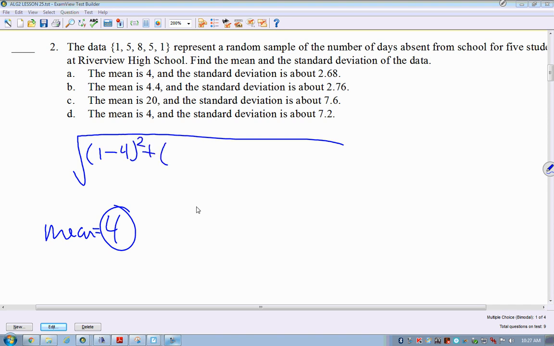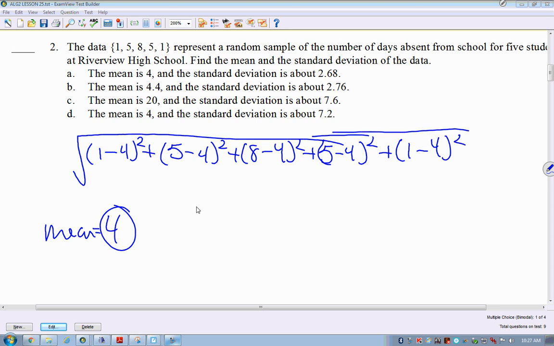Plus 5 minus 4 squared, plus 8 minus 4 squared, plus 5 minus 4 squared, plus 1 minus 4 squared, all divided by 5. Do we understand the different parts of this? Okay, so I'm going to try to simplify.